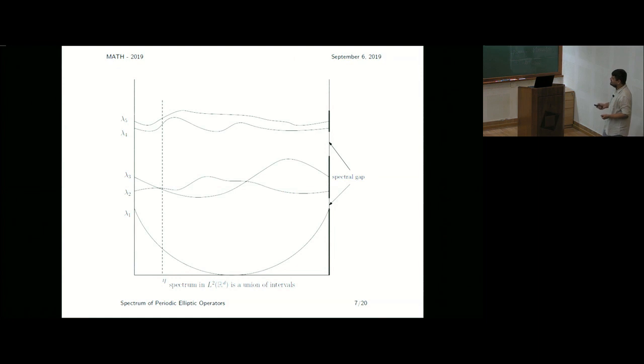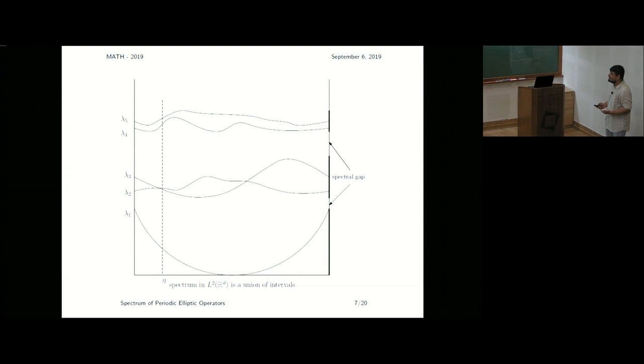So you can see that the spectrum of the periodic operator A will look like a union of these intervals. What I'd like to mention is that these gaps in the spectrum of the periodic operator A are known as spectral gaps. And the endpoints of these spectral gaps are known as spectral edges.